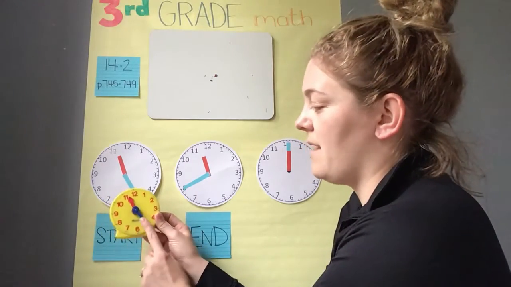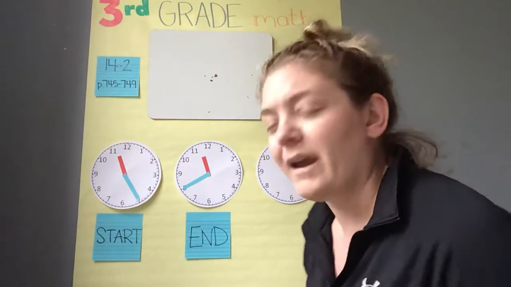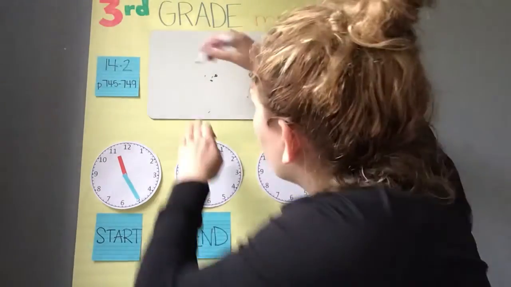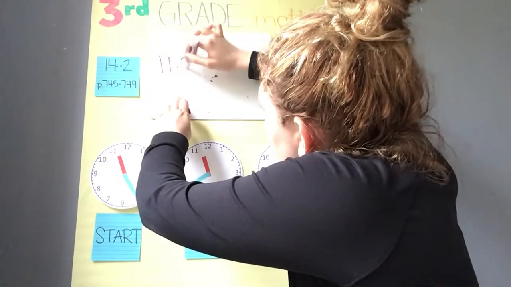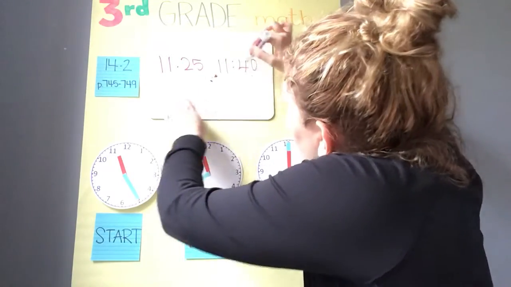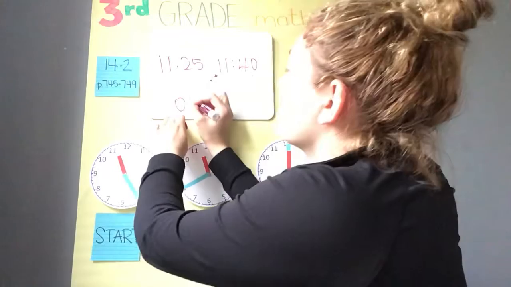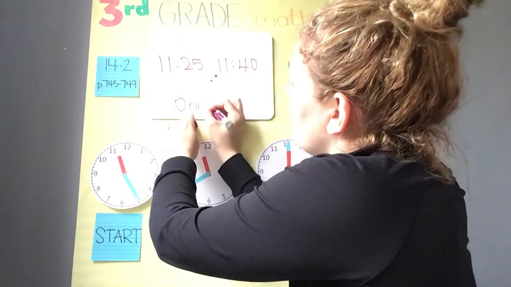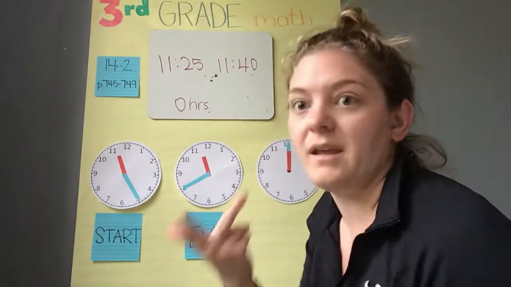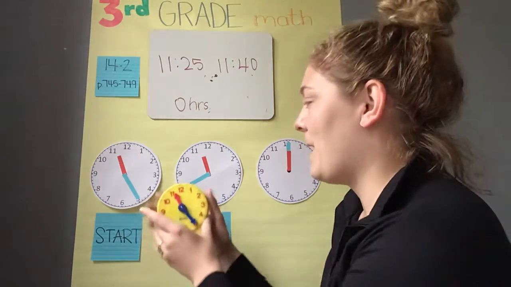And she went from 11:25 to 11:40. How many hours passed if it was 11:25 to 11:40? 0 hours, right? It's still 11. So 0 hours, which you don't necessarily have to write. I'm writing it to make sure you guys see it, okay?